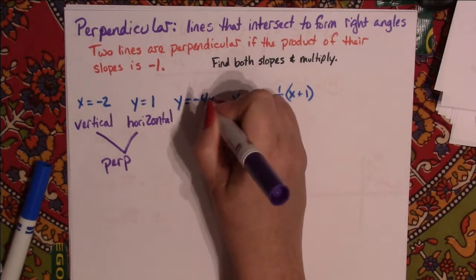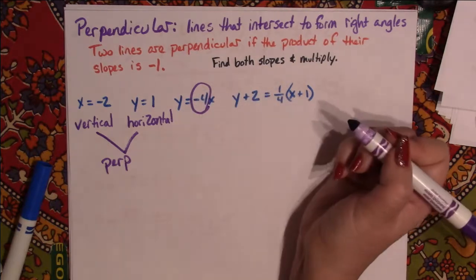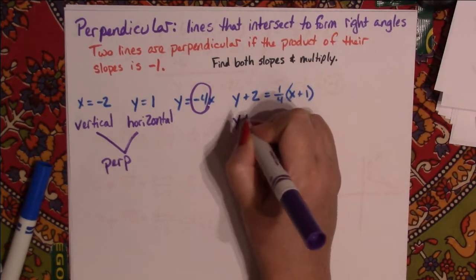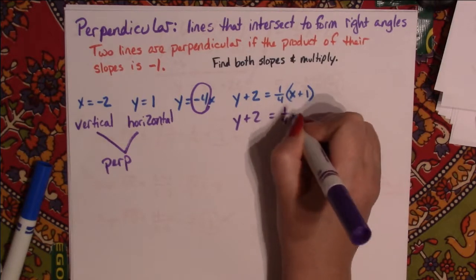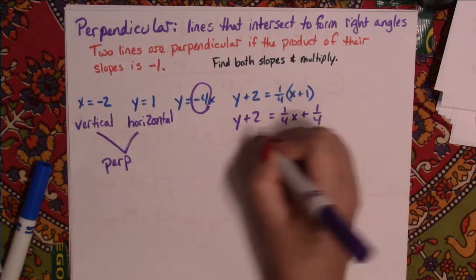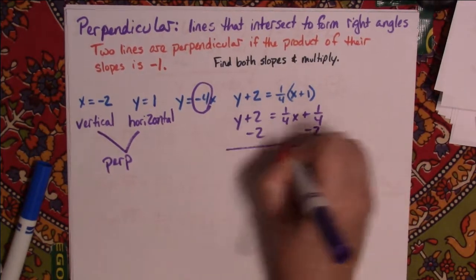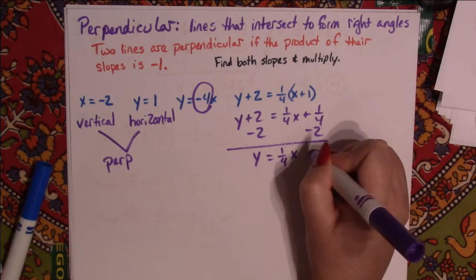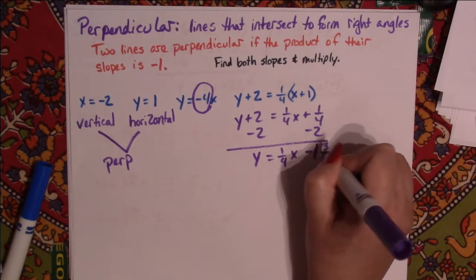Here we have a slope of -4, and here we have to find our slope. Y plus 2 equals 1/4 x plus 1/4 minus 2 minus 2. Y equals 1/4 x minus 1 3/4.